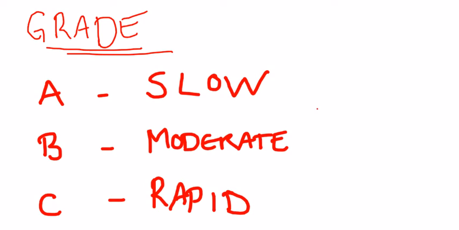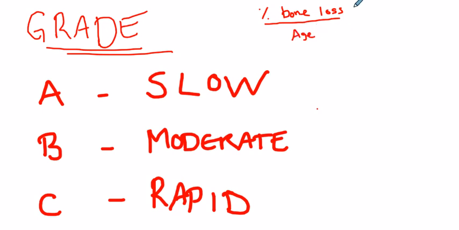Okay, now the way that they do this, you can see here that we're either looking at a grade A, which is slow, B moderate, or C rapid. And the way this is worked out is it is actually taken as the percentage of bone loss divided by the person's age.